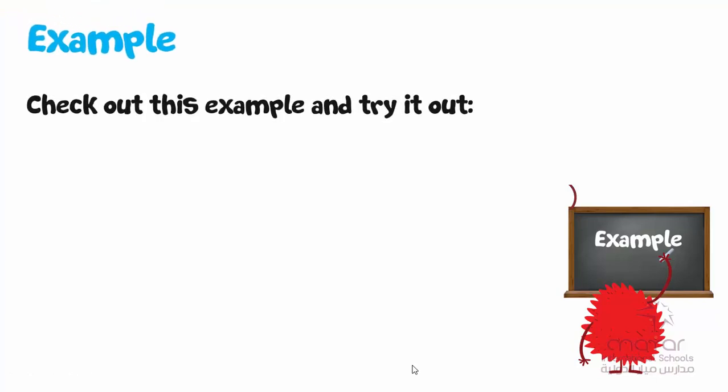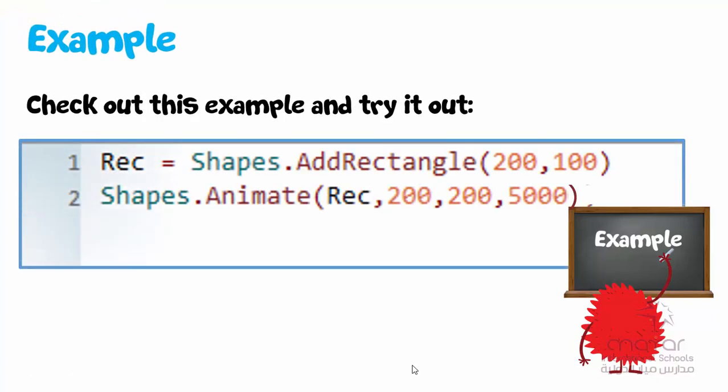Let's have an example. Check out this example and try it out. This example is on page number 80. Rec is the name of the shape, which is a rectangle. Equal shapes dot add rectangle, and we specify the width and the height, 200 and 100.